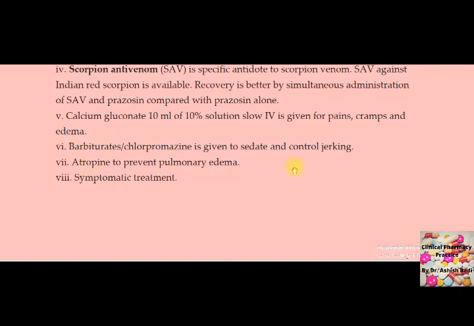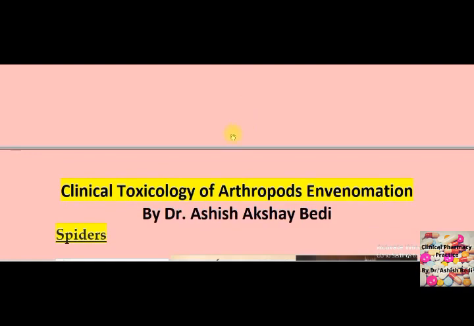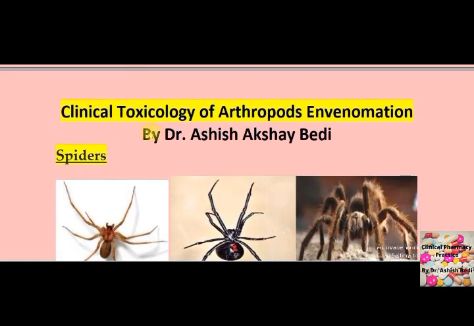Then, for any other symptoms which cannot be cured by the serum, antivenom, prazosin, barbiturates, calcium gluconate, or atropine, you can give other symptomatic treatment according to that symptom. So that's all for scorpion.